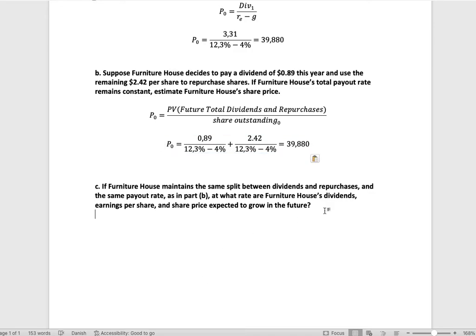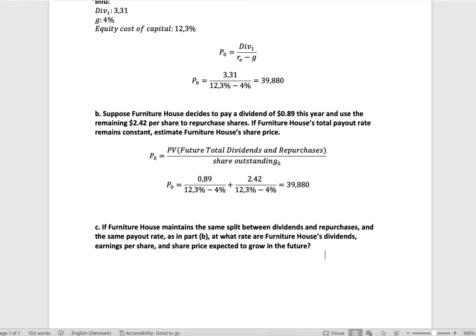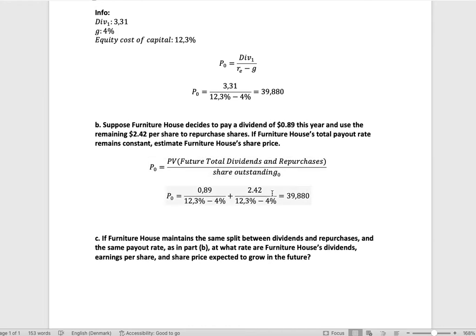Yeah. And now, so yeah, what happened here is that the shareholders really don't care how they get the money.